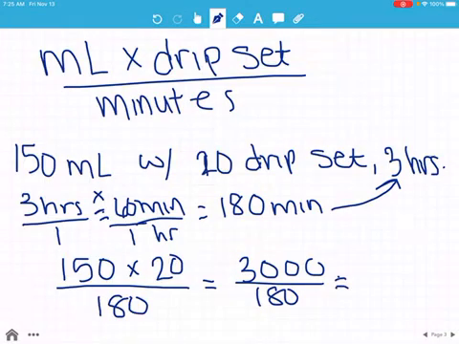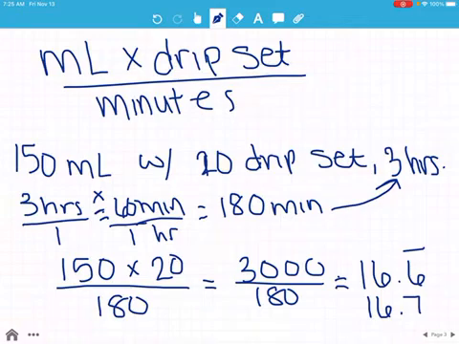And I've been so good about doing this in my head, but that's the one where I'm going to get stuck at. It's going to be 16.6 repeating. So you can say 16.6 repeating, or you can round it to 16.7. So that means every minute that they're getting this infusion, about 16, just shy of 17 drips will be getting infused into the person. Okay, so that's how we do that one.